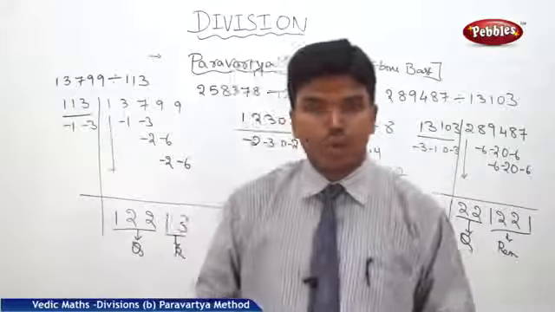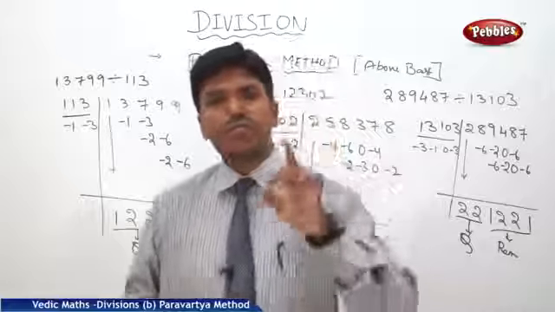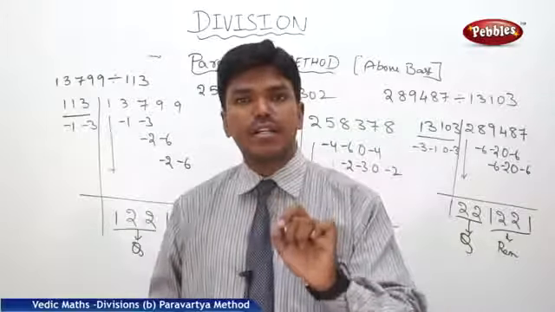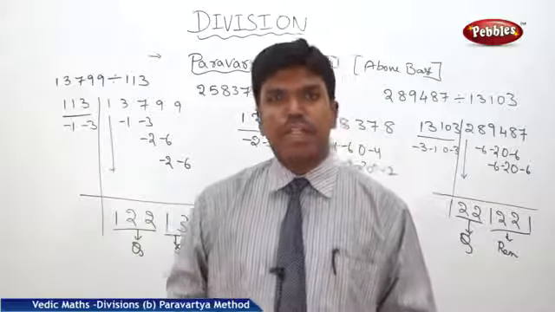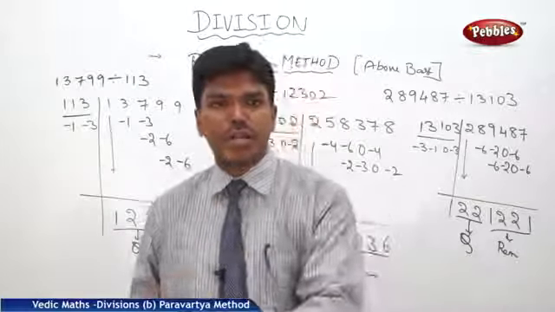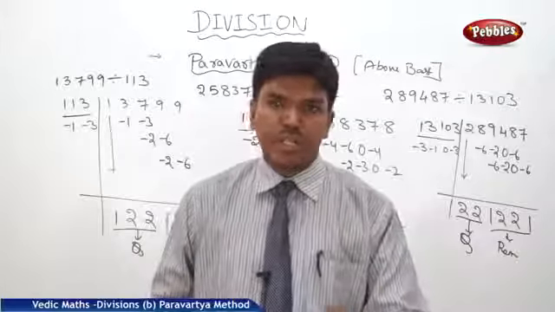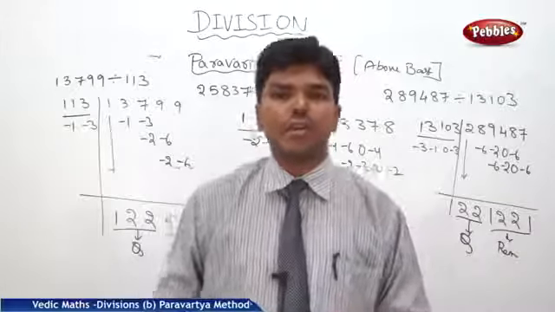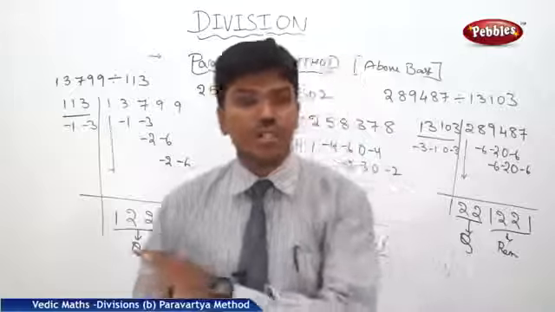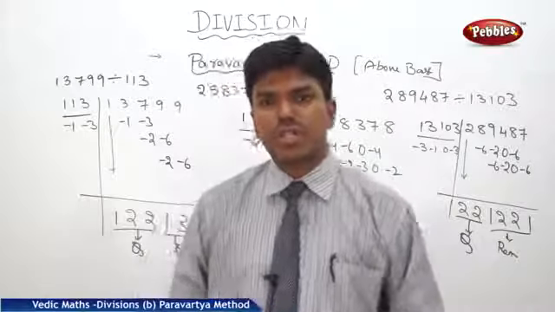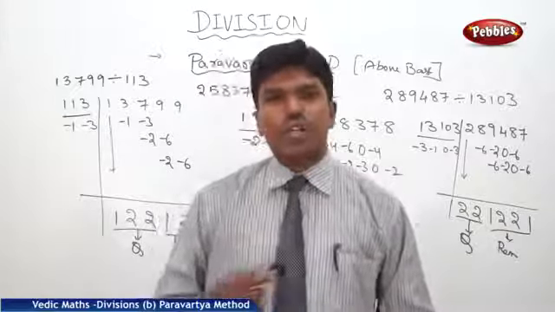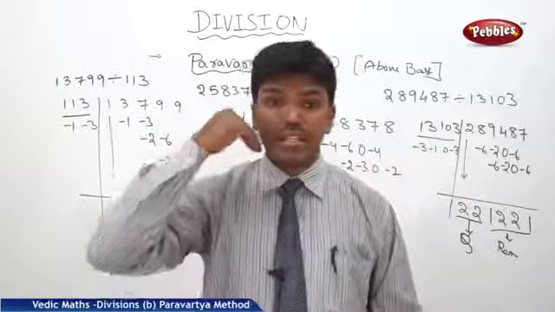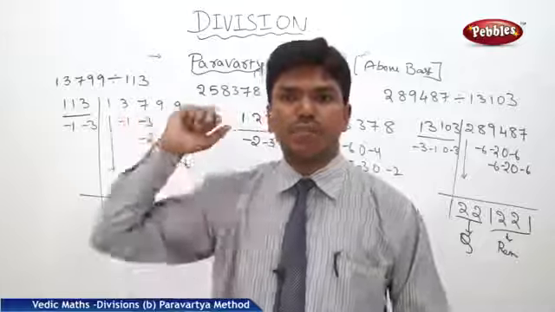One more important point: to get the number of digits in the quotient part from the left, take the difference of the number of digits in the dividend and the number of digits in the divisor, plus 1. So that's how we can easily solve division problems having divisors just above the base with the help of the Paravarthya method.